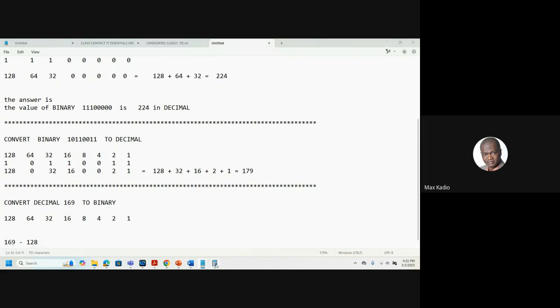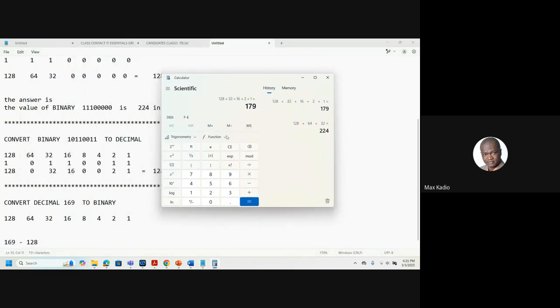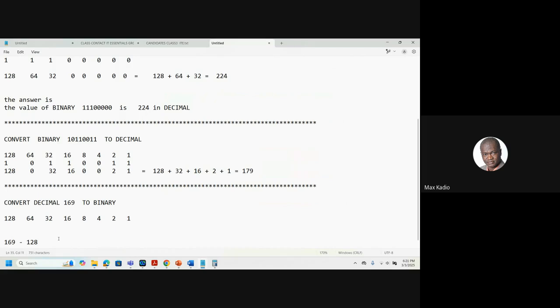You take your calculator, clear everything: 169 minus 128. The balance is 41.